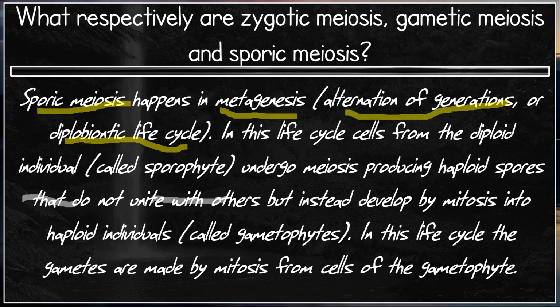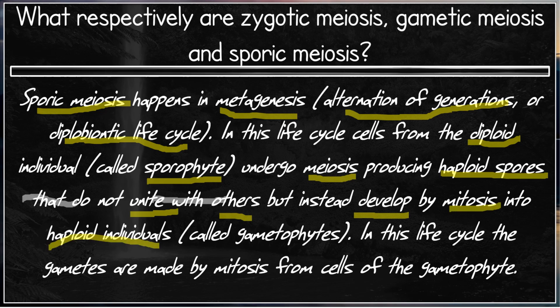In this life cycle, cells from the diploid individual, called sporophyte, undergo meiosis, producing haploid spores that do not unite with others, but instead develop by mitosis into haploid individuals called gametophytes. In this life cycle, the gametes are made by mitosis from cells of the gametophytes.